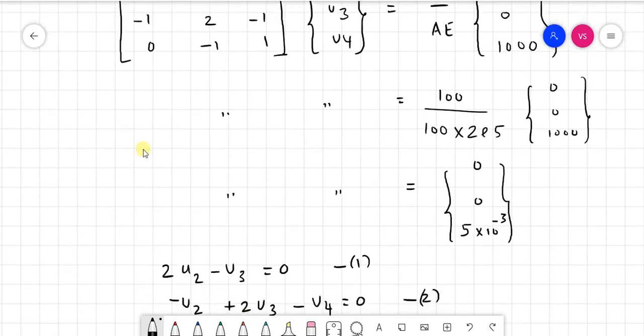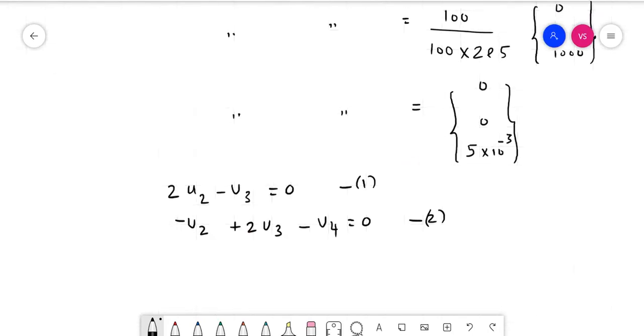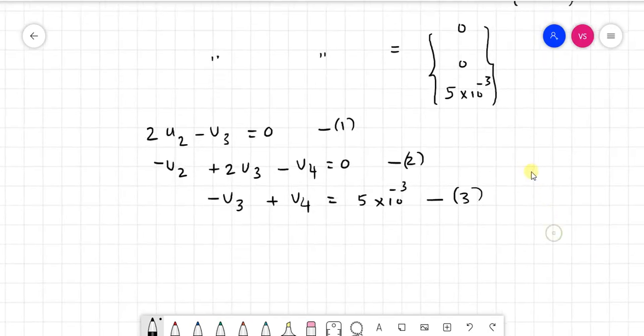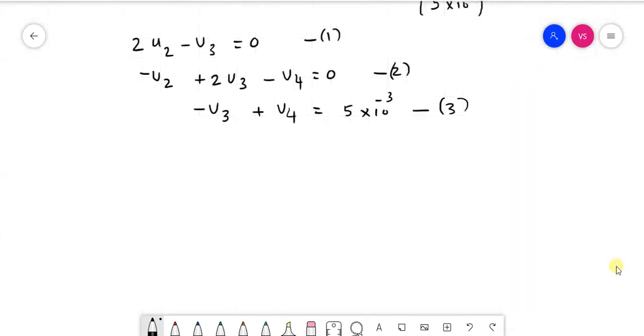And then the last equation is minus u3 plus u4 equals 5 10 power minus 3. This is third equation. So we have these three equations now. So we can solve these three equations.